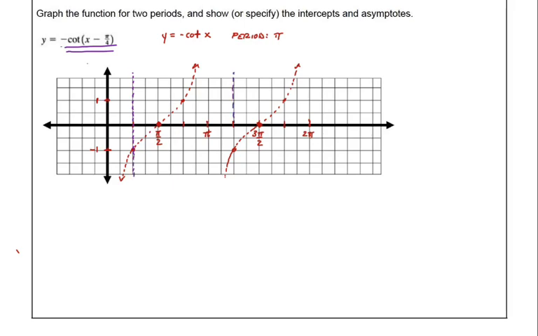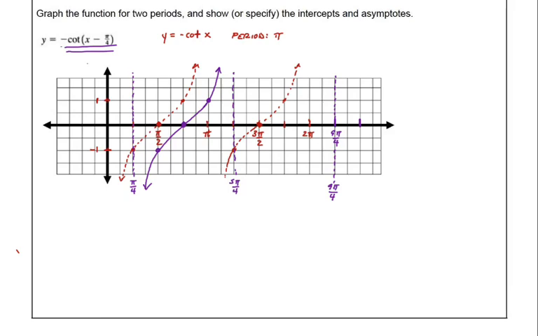So I'm drawing a vertical asymptote there at pi over 4, a vertical asymptote in between pi and 3 pi over 2, which is at 5 pi over 4, and then a vertical asymptote to the right of 2 pi, which is at 9 pi over 4. So those are my 3 vertical asymptotes, and that's just a shift of my graph that was in red.